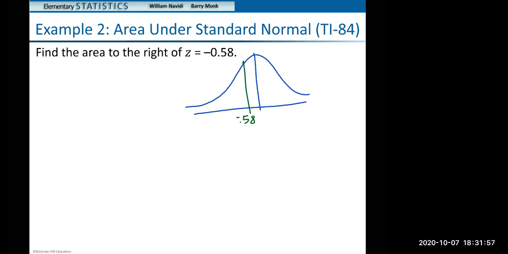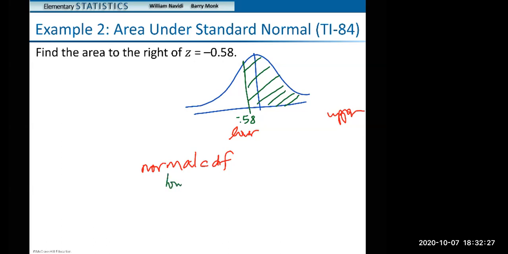So you need the area here. Okay, so negative 0.58 is your lower, and this is your upper. Do you agree? So when you use second vars, normal CDF, when you try it now on your calculator, you will see lower and upper.